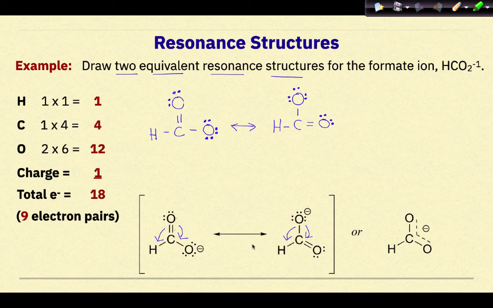But the true resonance structure is somewhere in between these two structures. So the dotted line right here represents these intermediate bond lengths between a single and a double bond, which is why these bonds are more accurately defined as being 1.5 instead of single or double.